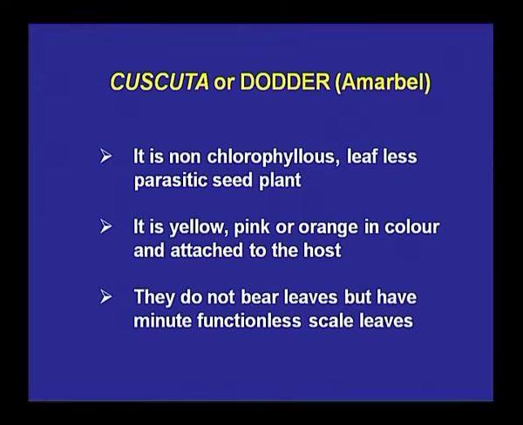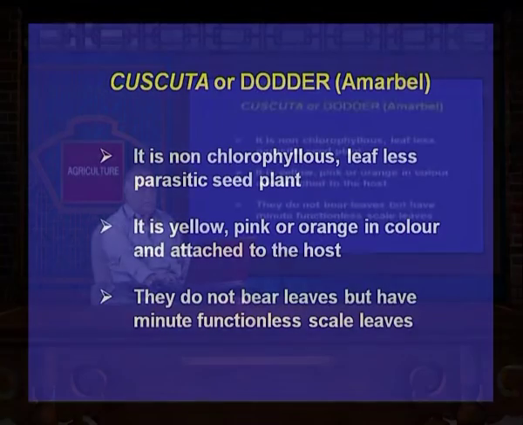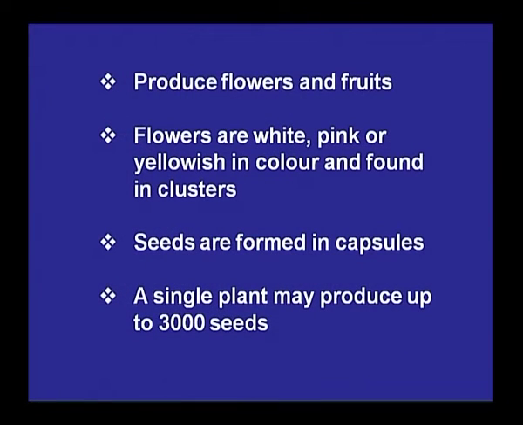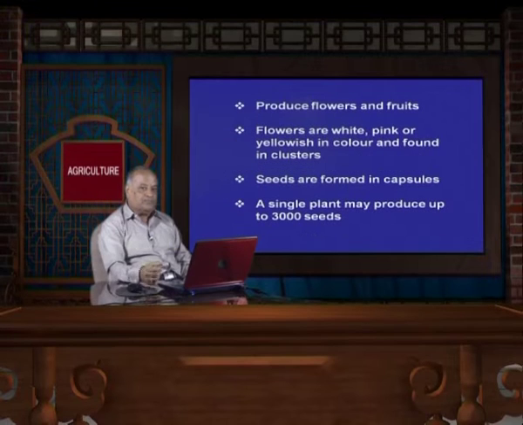They do not bear leaves, but have minute functionless scaly leaves. They produce flowers and fruits. Flowers are white, pink or yellowish in color, and they are found in clusters. Seeds are formed in the capsules. A single plant may produce up to 3000 seeds.